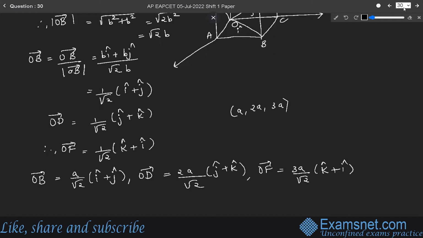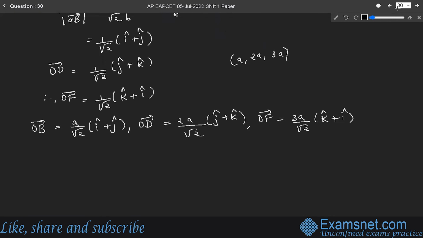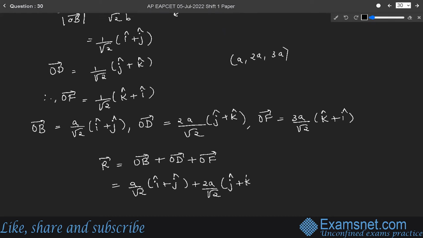Now let R be the resultant of vectors OB, OD and OF. So the resultant vector R will be equal to OB vector plus OD vector plus OF vector. Substituting the values here, it will be A by root 2 into I cap plus J cap, plus 2A by root 2 into J cap plus K cap, plus 3A by root 2 into K cap plus I cap.